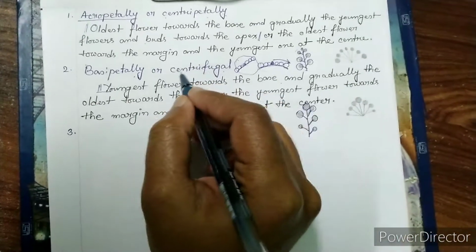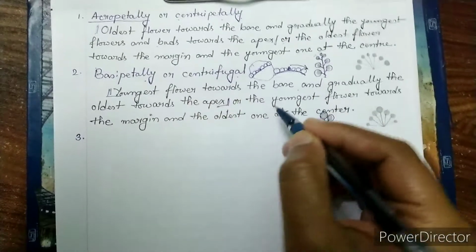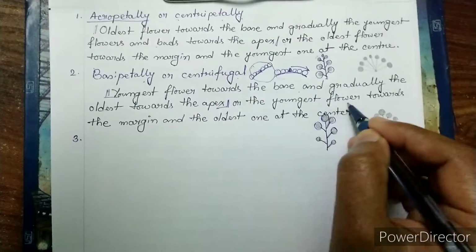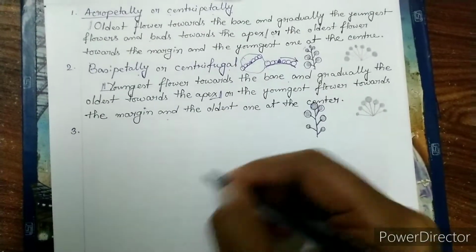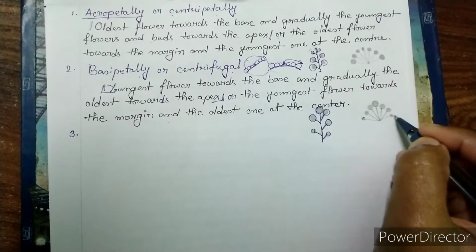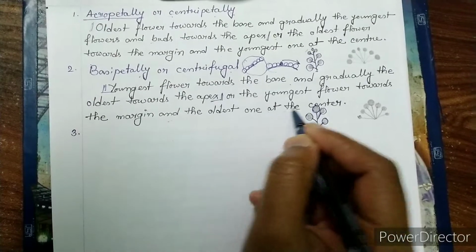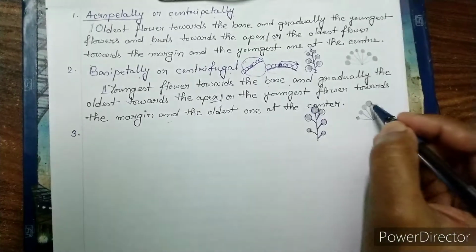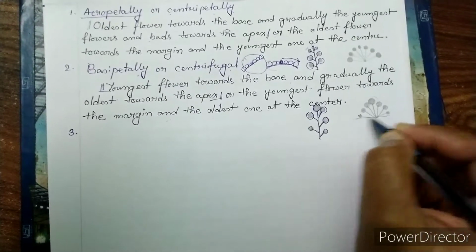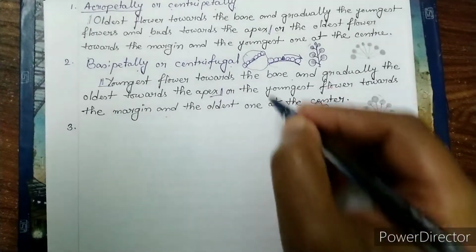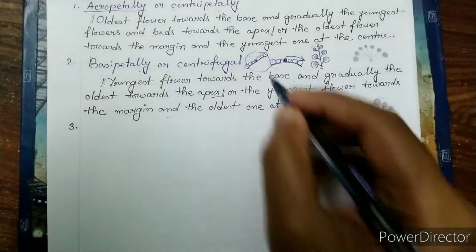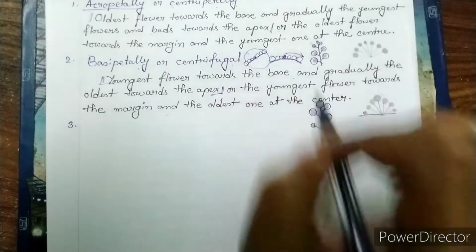Okay, so now after that we talk about centrifugal: the youngest flower is towards the margin, and the oldest one at the center. I hope from this picture you understand all this, or otherwise I can take this type of picture.